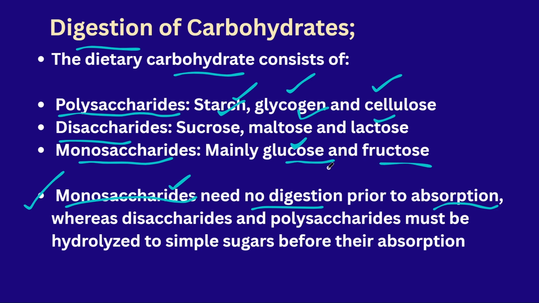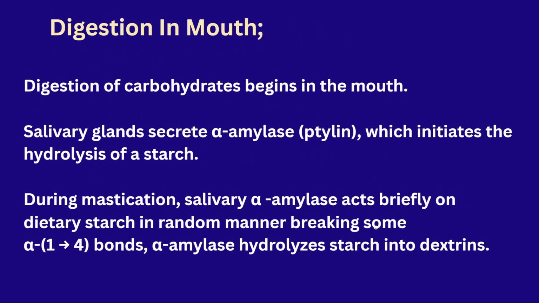This glucose is metabolized in our body to produce ATP as the main source of energy. We should also understand that the disaccharides and polysaccharides have to be further broken down, that means they have to be digested so that our body can finally get glucose.